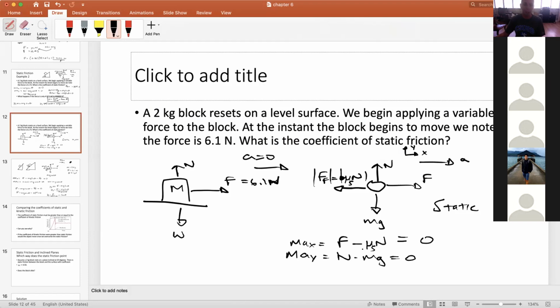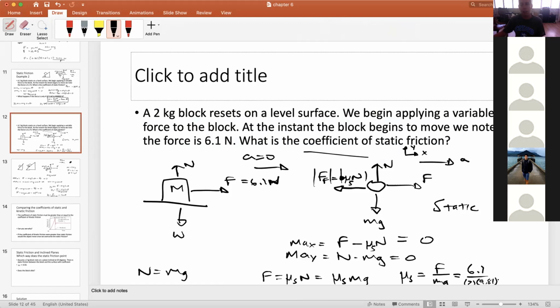From MAY, we see that N is mg. From MAX, we see that F is mu s N, which is mu s mg. We want to find mu s, so mu s is F over mg. If F is 6.1, M is 2, and g is 9.81, we get 6.1 divided by 2 times 9.81. I get 0.31.